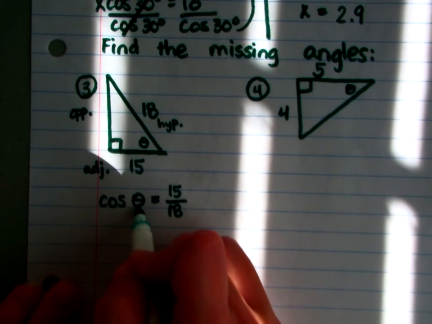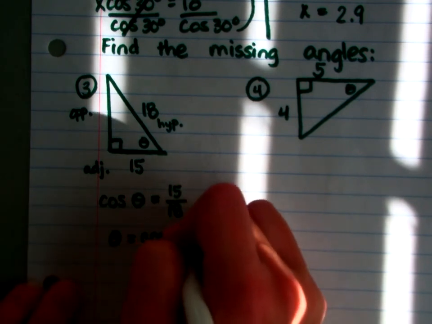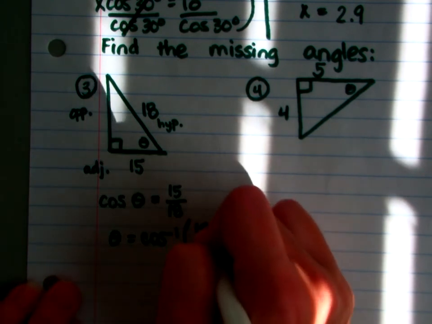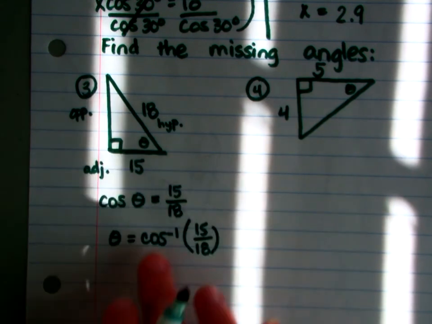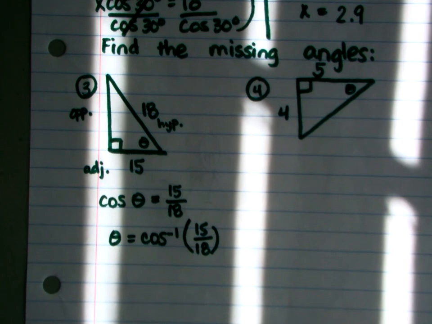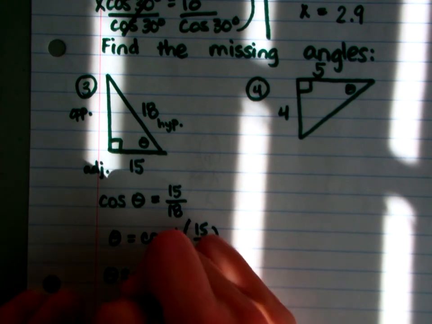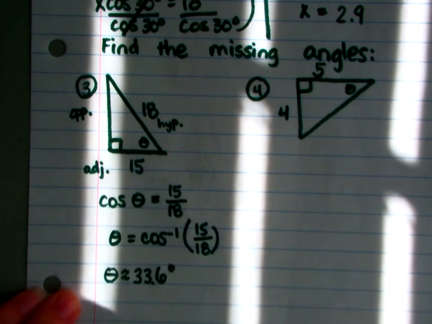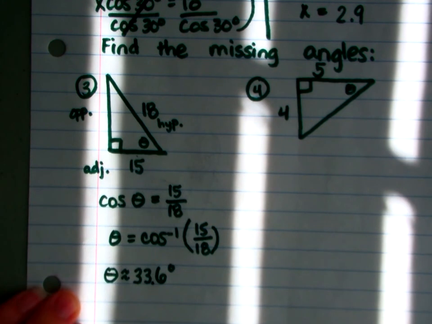To get theta by itself, you're going to have to do the inverse of cosine, which we show as cosine with a -1 in the upper right corner, of 15/18. Put that in your calculator, and make sure you've got the -1 on that cosine, otherwise you will not get the same thing. Our angle measure is approximately 33.6 degrees, so this angle measure is about 34 degrees.